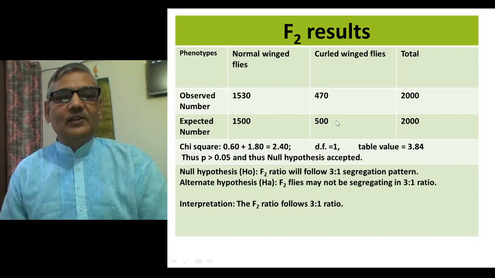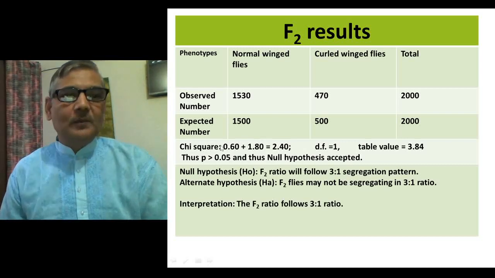So 500 flies will have to be curled winged, and 1500, it's 3 times more, will be normal winged. So you have now expected values, and you have already done the experiment. The observed number is already given. So you have to test whether the difference between observation and expectation is a significant difference or a non-significant difference. For this purpose, chi-square analysis will be performed.